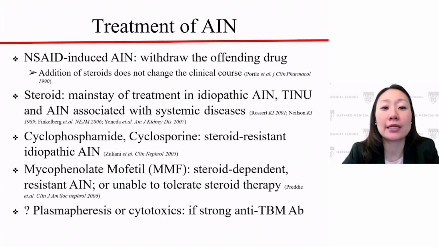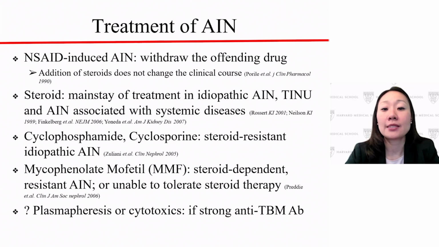How do we treat interstitial nephritis? So as I mentioned in the previous slide, the best treatment is removal of the offending agent or treatment of the underlying infection. And so as an example, with NSAID-induced interstitial nephritis, it would be to withdraw the offending drug.